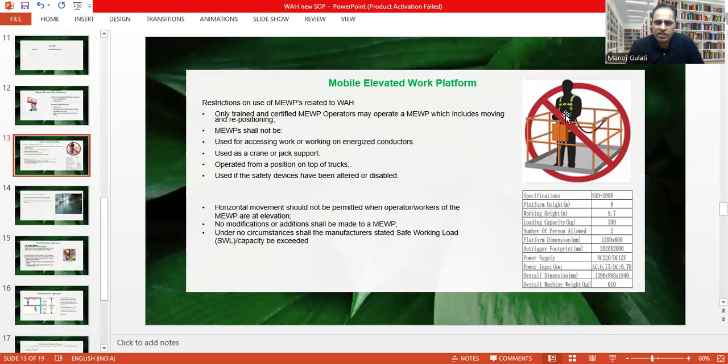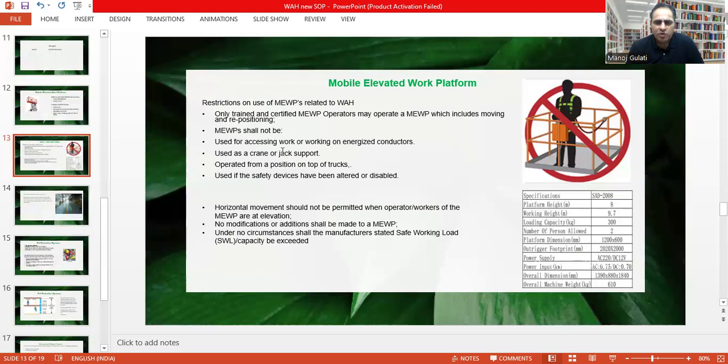Because as you can see, there is a cage, and most of the time this cage has a capacity. Here is attached the manufacturer's serial number plate. Here you can see the specification is written, and also the loading capacity. In most cases, we allow only 2 persons to go inside these cages.